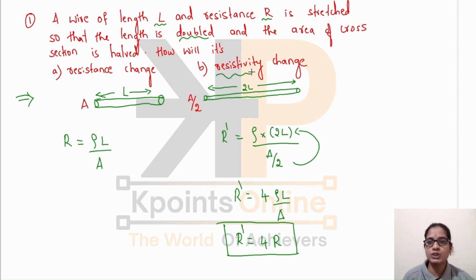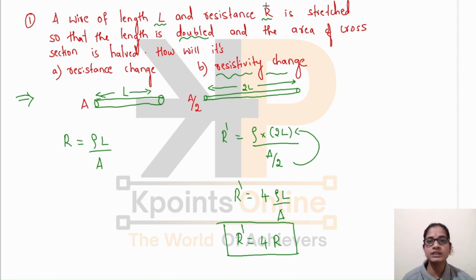Now they have also asked the resistivity change. Once I stretch any material, will the material change? No. Actually, only the parameters like length and area will change, but not the material, because of which resistivity remains the same. We know that resistivity of a particular material is the same. It does not change by changing the length or area.